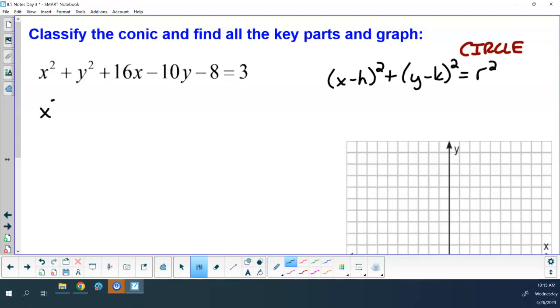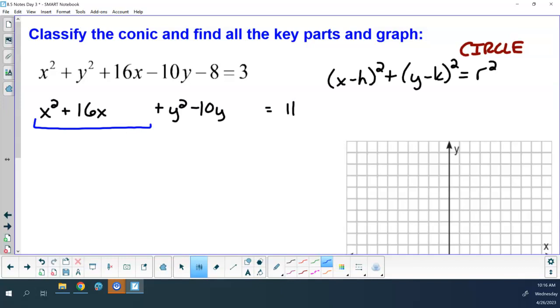So we've got x squared plus 16x, leave a gap, plus y squared minus 10y, leave a gap, equals 11. Okay? Complete the square of this one.